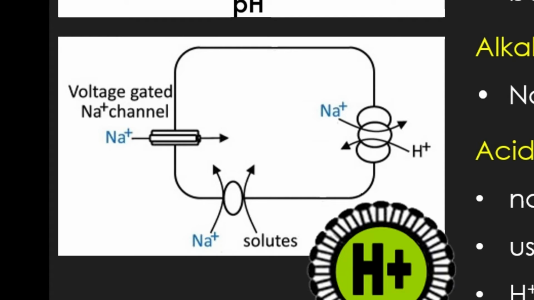So they utilize this active transport, much like the sodium-potassium pump you talk about in general biology, in order to move sodium along its concentration gradient and then pump protons opposite their concentration gradient. So they have these voltage-gated channels where sodium moves in and then sodium is pushed out as hydrogen ions are brought in. So that's how they work in alkaline environments.